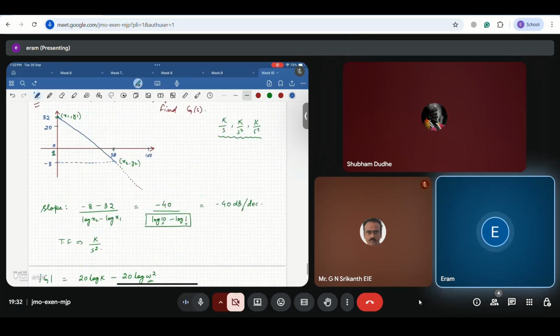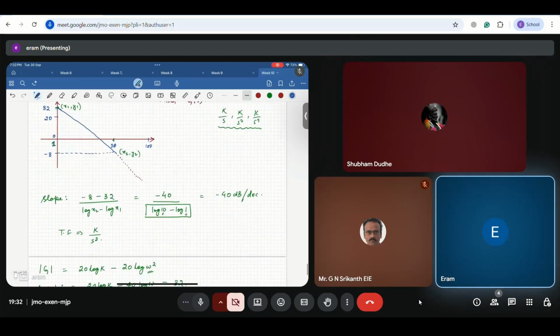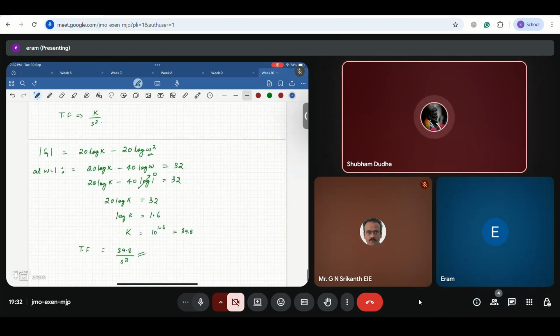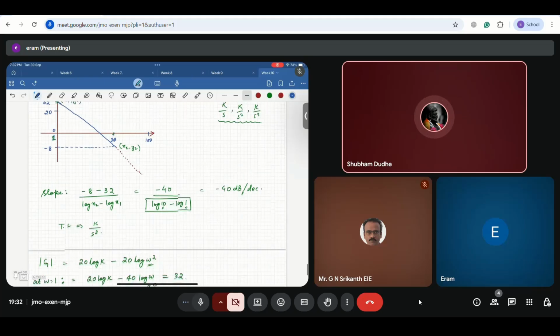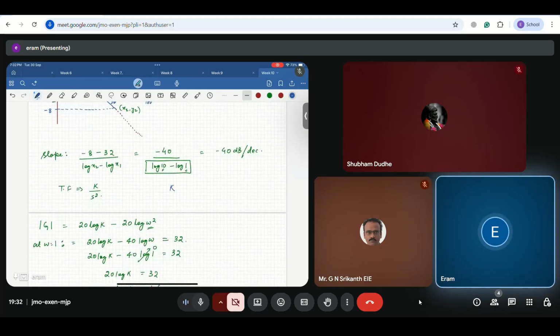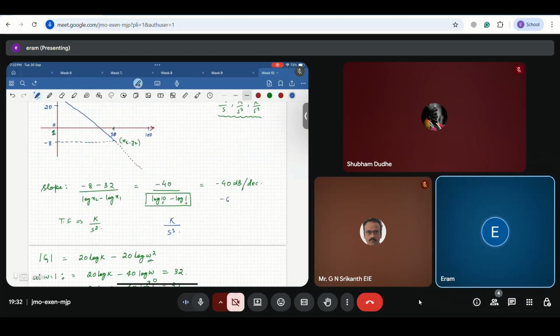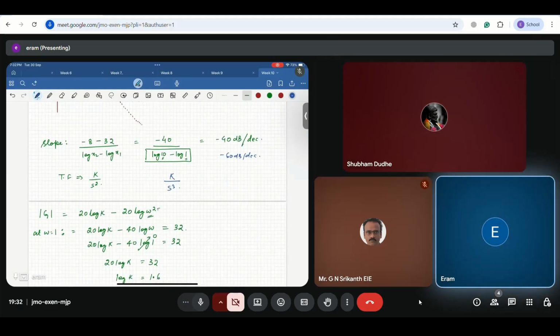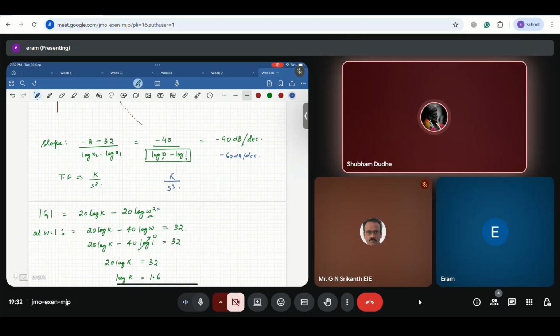If we had a 1 by s cube term, then we can use omega cube there. Yes. If you had k by s cube, in that case the slope would be minus 60 dB per decade, and you would have used omega cube here. Clear, ma'am. Okay.